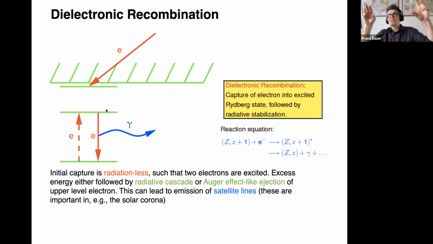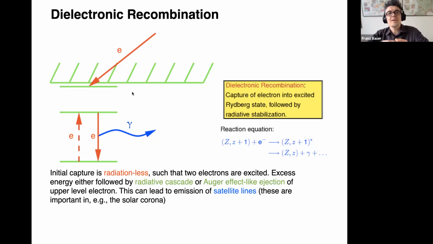There you have the ion and you have two electrons, and typically you have to have pretty high densities and low energies. There you can recombine two electrons at the same time and then emit some range of photons. But anyway, as I said, that's pretty uncommon.